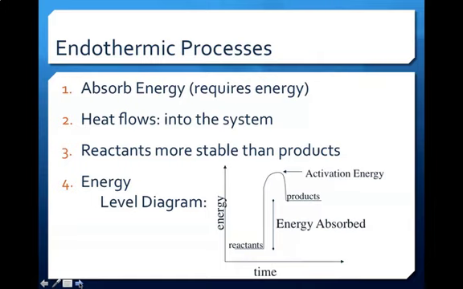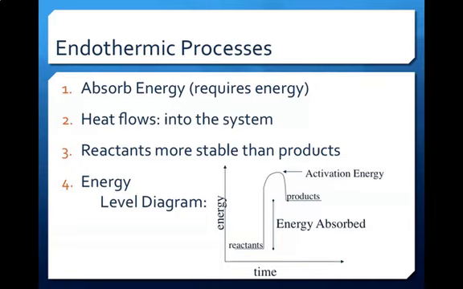The reactants we see here are lower in energy, which means that they are more stable. The lower in energy, the more stable they are. The products have a higher energy and so are less stable. The energy absorbed is what we need to go from reactants to products in an endothermic reaction.